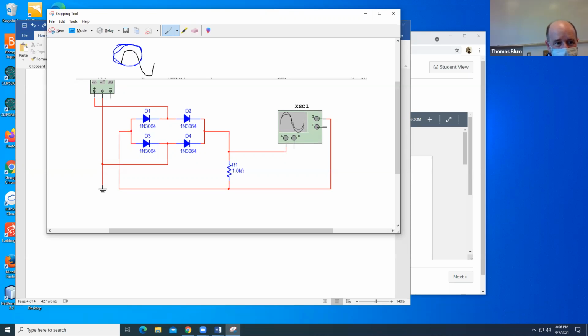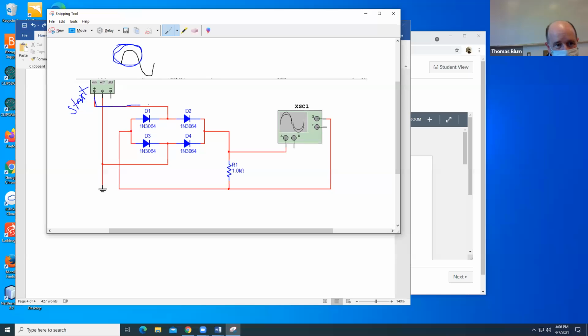And so I start here, and then I have to end here. So what's my path? How do I start here, end here, and always go in the direction of the diodes?